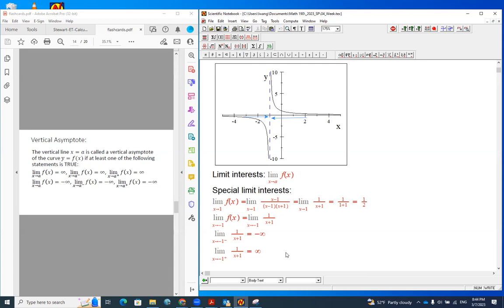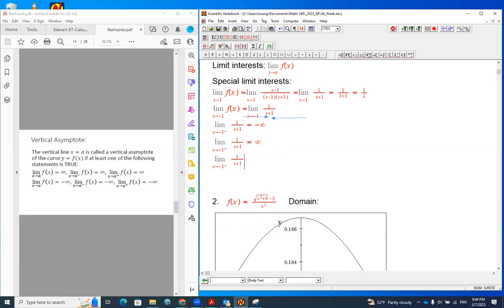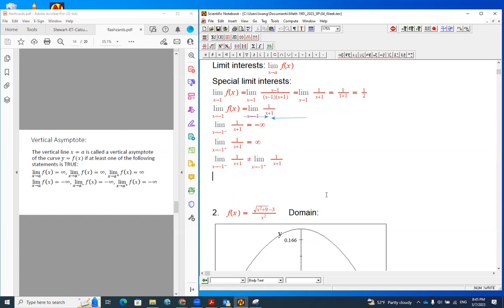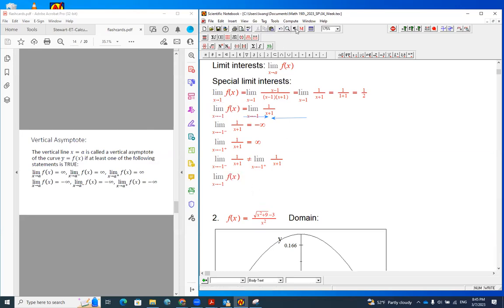And then this is the time you can say the limit from the left is not the same as the limit from the right. And if we ask the question, what is the limit of f of x when x is approaching -1?